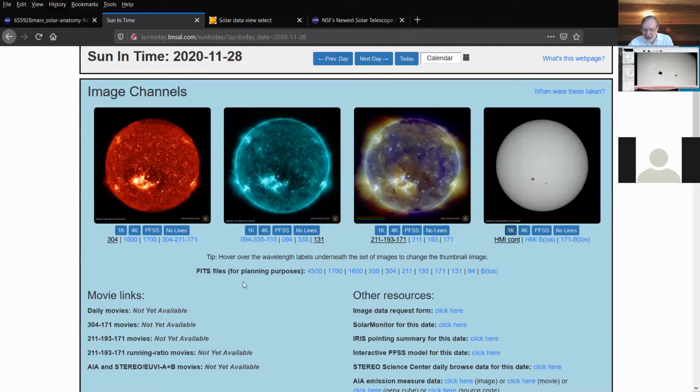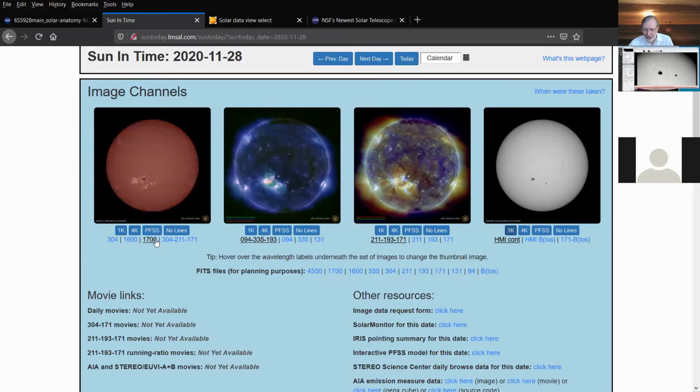These other images on this page are all different wavelengths of light that the satellite is constantly taking pictures in to once again bring out different features.